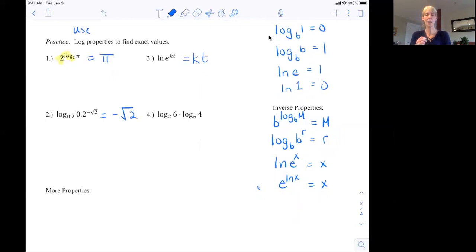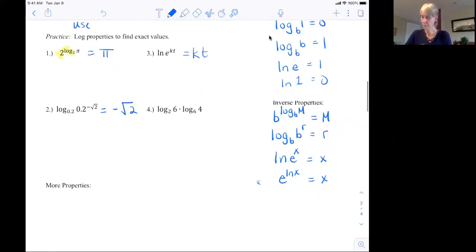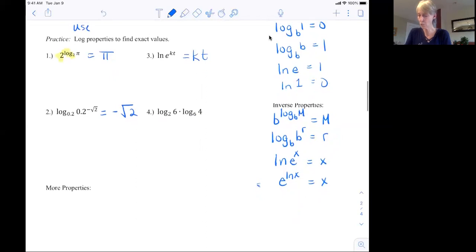And this last one's a little bit different. I have log base 2 of 6 times log base 6 of 4. I'm having an issue with my bases. You notice how I have 2 different bases? So what I want to do is rewrite each of these logs using the change of base formula.